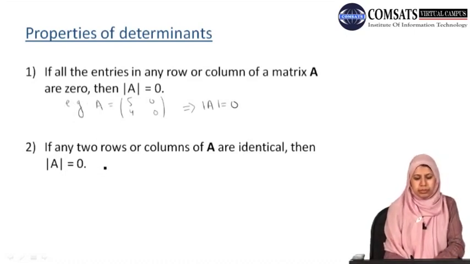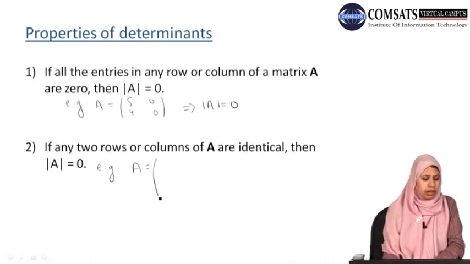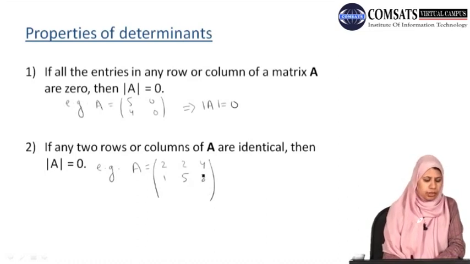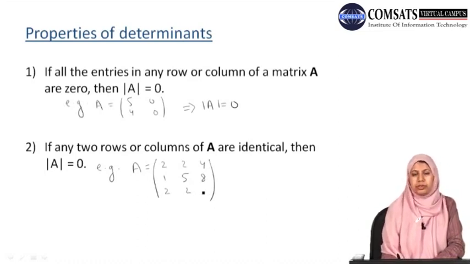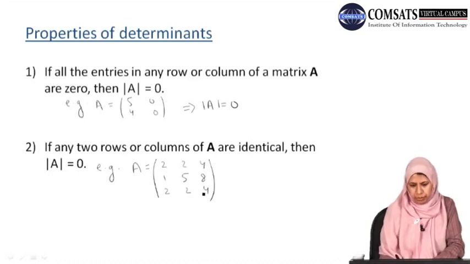For example, if we have a matrix A with first row 2 2 4, second row with entries 1 5 8, and the third row with entries 2 2 4, then the determinant of this matrix will be 0. Why?